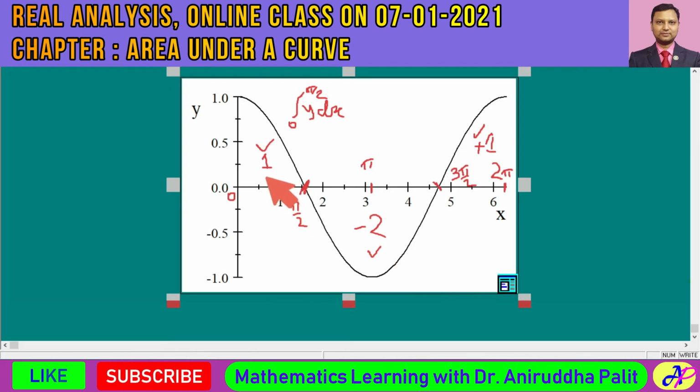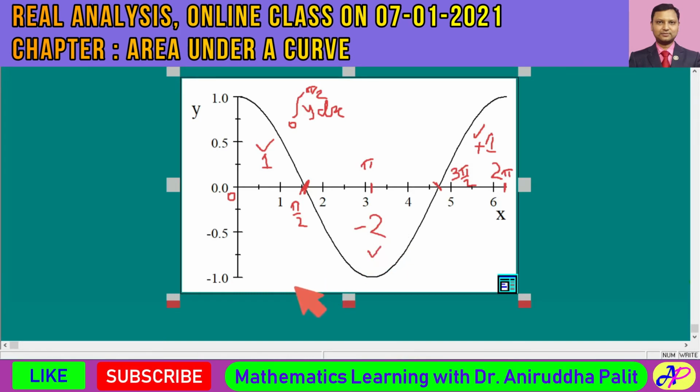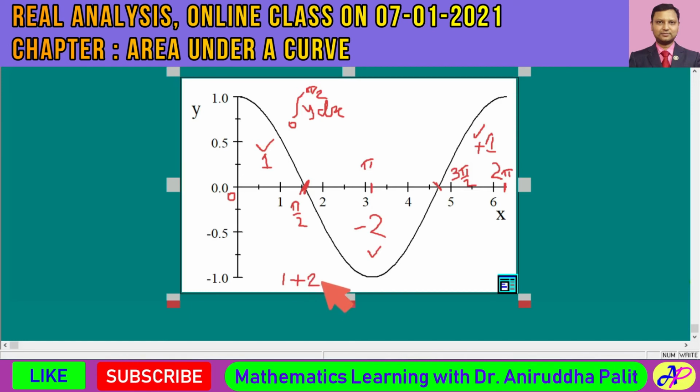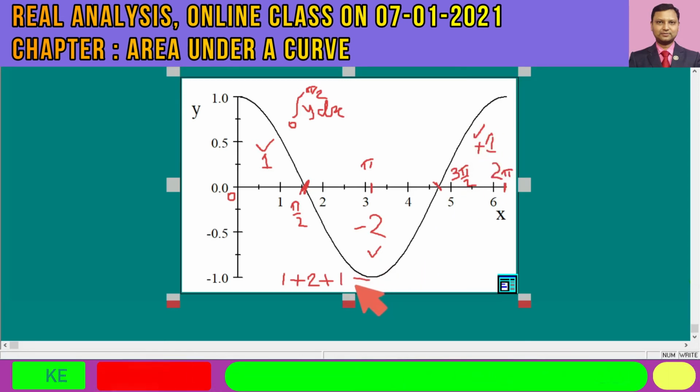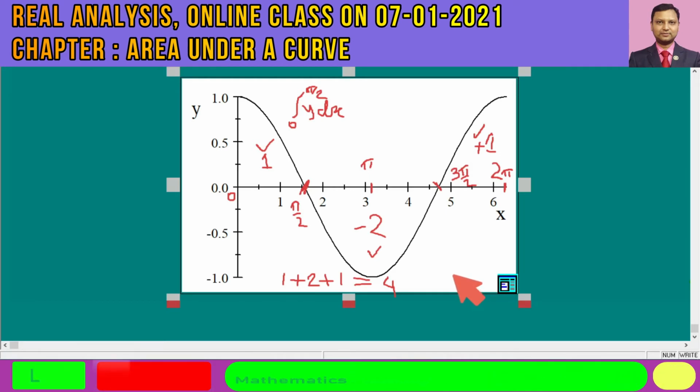So you will have to add 1, then you will have to add modulus of minus 2, that is equal to plus 2. So 1 plus 2 plus this one, the area of this curve is 1, so that is equal to 1. So ultimately you will get 4 unit of area. In this fashion you will have to continue, otherwise you will get wrong answer. Now is it clear to you?